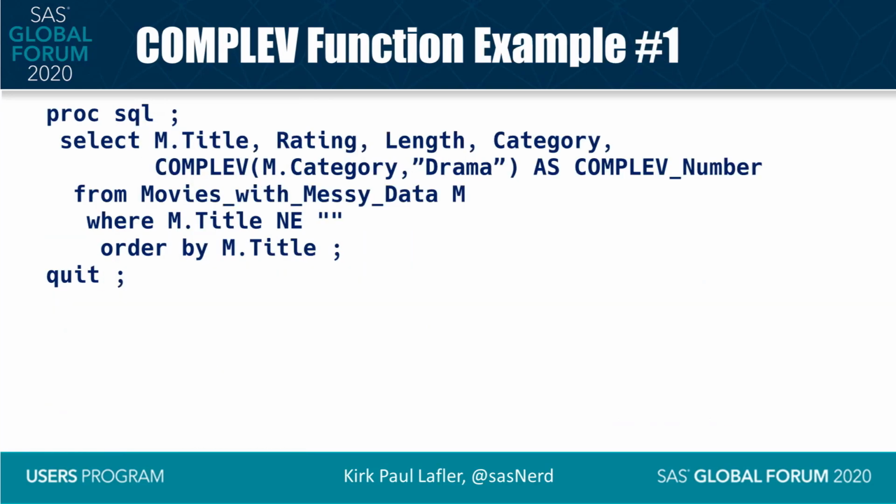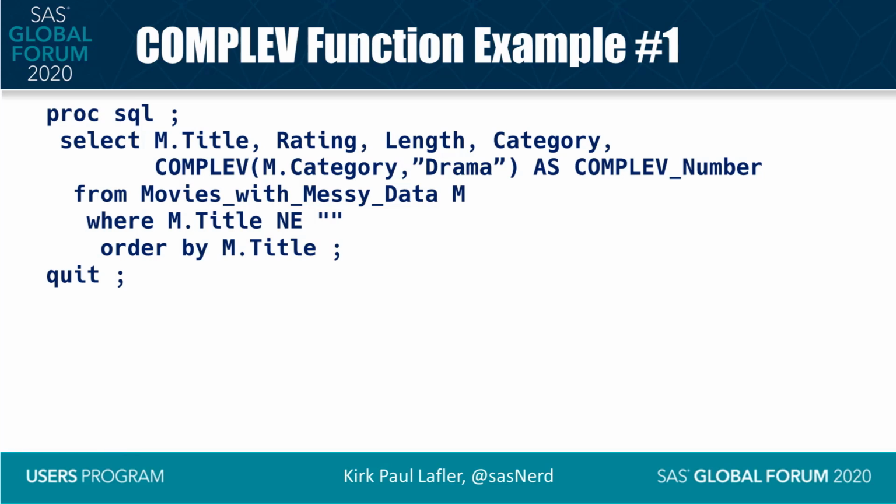In this first example of CompLev, we're going to select the movie title from the movies table, rating, length, and category, creating a new variable, a derived variable called CompLev number. And at that point, what we're going to do is we're going to say order by, in ascending order, movie title, where the title is not equal to missing.